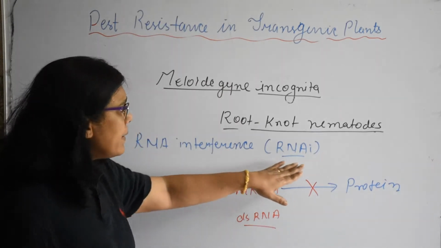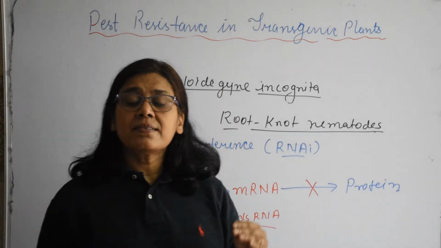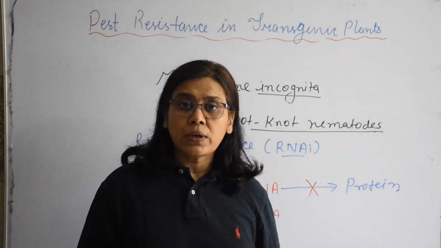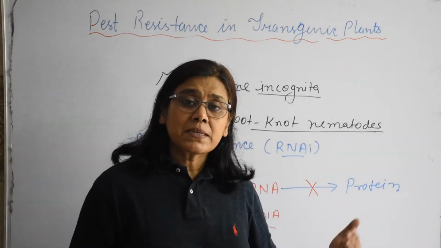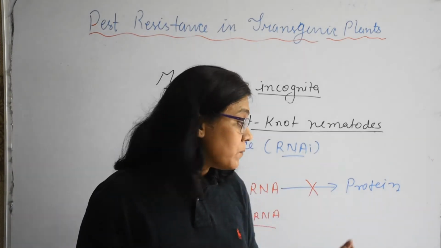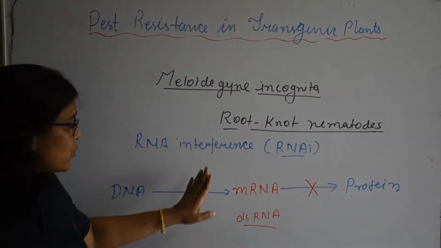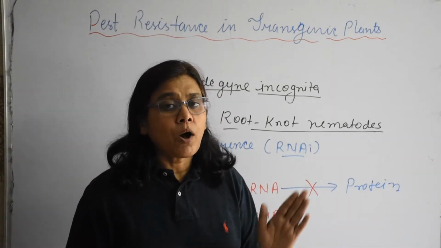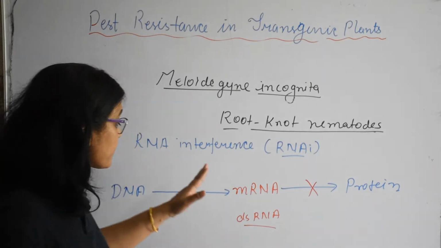This RNA interference is a natural cellular defense mechanism of the eukaryotes, and it helps the organism to protect against viral protein. So this concept is used to develop transgenic plants to combat the problem of nematodes.